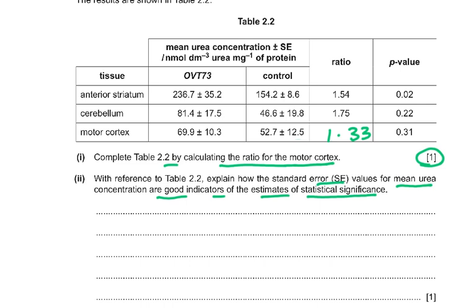But for the cerebellum and the motor cortex, these ones, they do overlap. So there is not a significant difference. When they do overlap, there's not a significant difference. When they do not overlap, there is a significant difference.